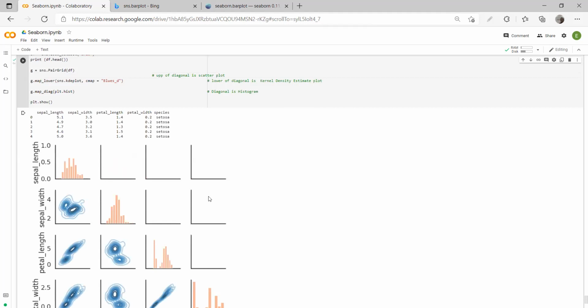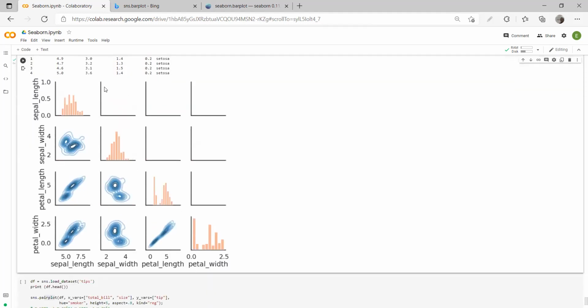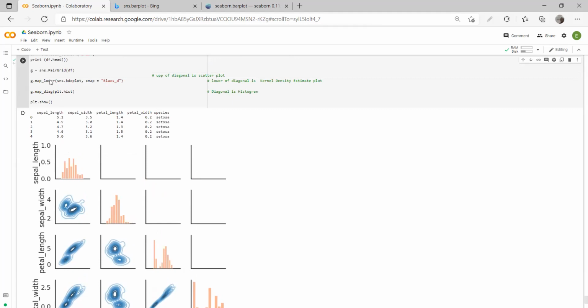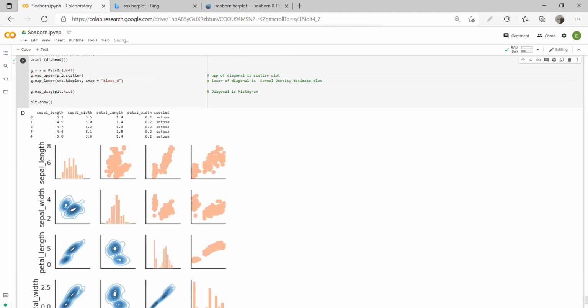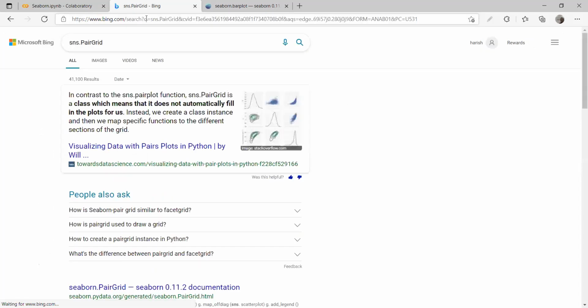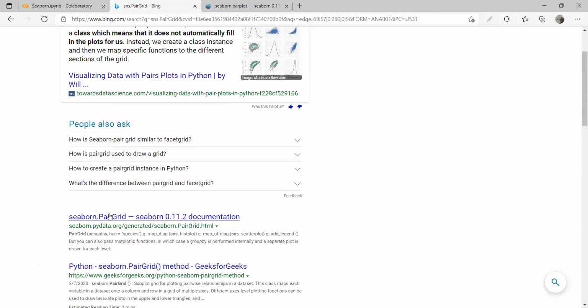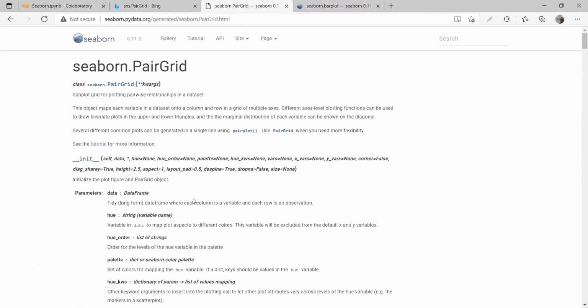Nothing is shown over here, right? You can also remove this by despine or something, right? You can also remove the upper diagonal elements, right? If you want to remove it, you can always just Google Seaborn pair grid and see how to remove it.